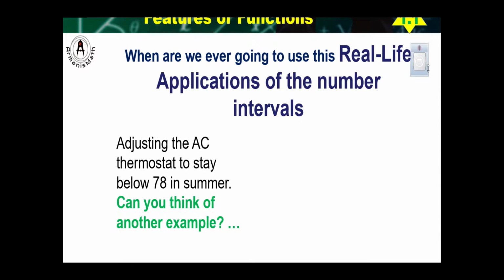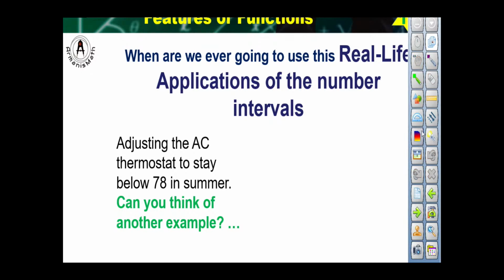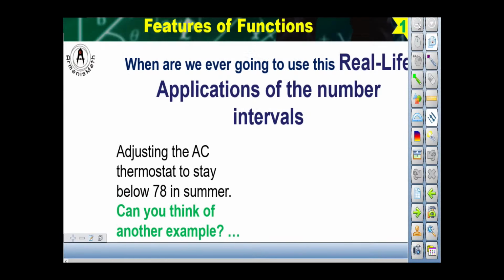A real-life example of an inequality would probably be something simple like adjusting the AC thermostat. So as you were going through the heat wave, I'm going to draw a thermostat here, or try to, because I'm not too good at drawing.